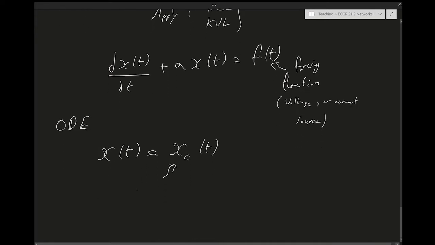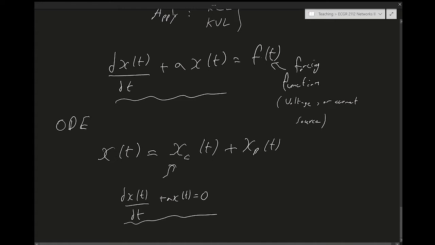This is the solution of the homogeneous equation, the equation dx/dt plus ax equals 0, right? Any solution to this equation is also a solution to this equation, right? Because you plug it in, it equals 0. Plus the solution that gives you f of t. So let's say this is the solution that gives f of t.